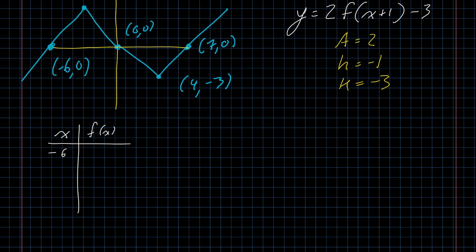Right? The points we've been dealing with all lesson: negative 6, 0; negative 3, 4; 0, 0; 4, negative 3; and 7, 0. And then I'll just apply my transformations in steps.